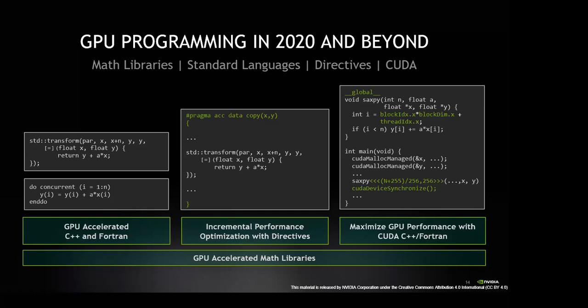The advantage is you are keeping your code intact, because directives are hidden as pragmas, like is shown here, or as comments in Fortran code, for instance. And you could proceed iteratively, as we will see later on. The third way is you could code directly in CUDA, for instance, or OpenCL, using the language and all the architectural features of the GPU to maximize your performance.